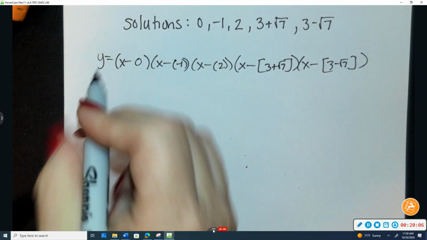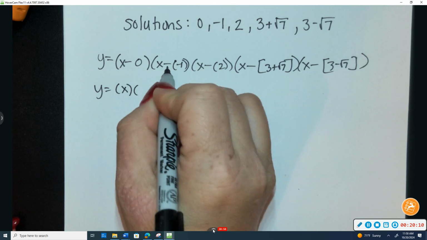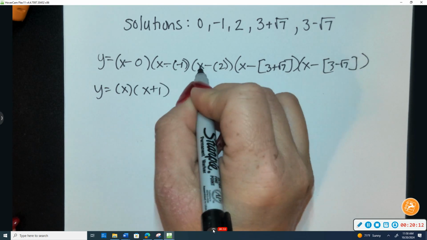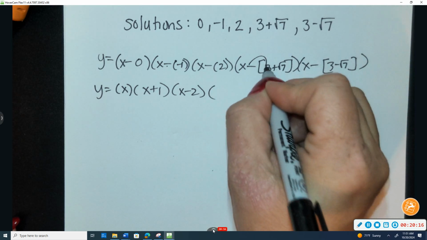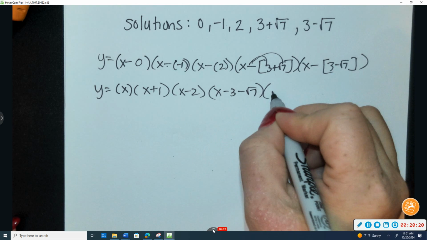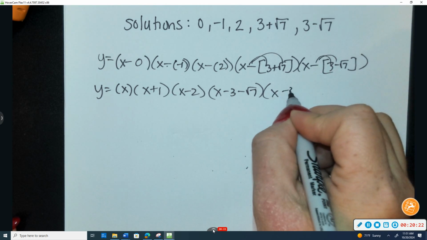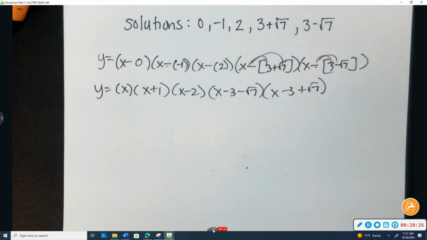Okay, well, let's see what we can simplify here. X subtract 0 is simply x. 2 negatives make a positive. X subtract 2. Okay, let's see, what do we get here? We have an x subtract 3 subtract the square root of 7. And x subtract 3, 2 negatives, plus the square root of 7. Now we can go about doing this in any order you like.